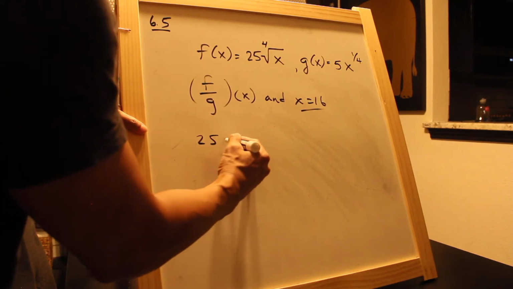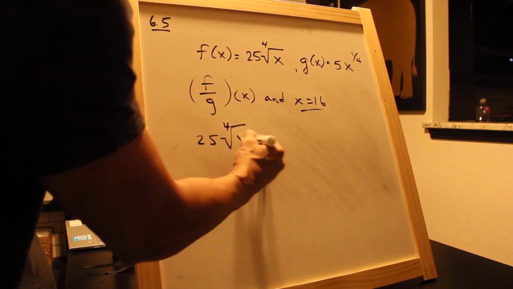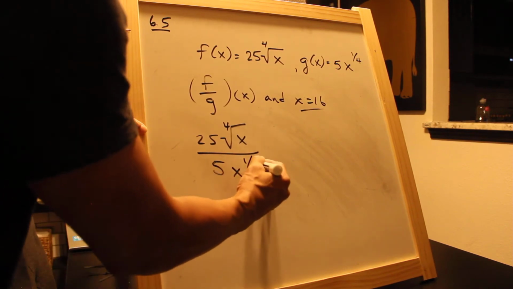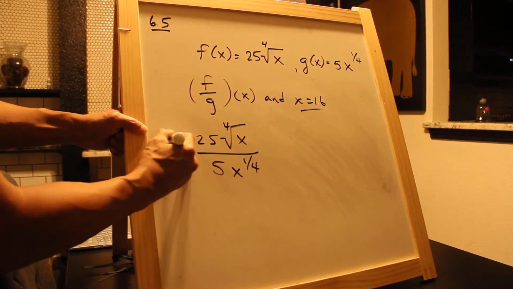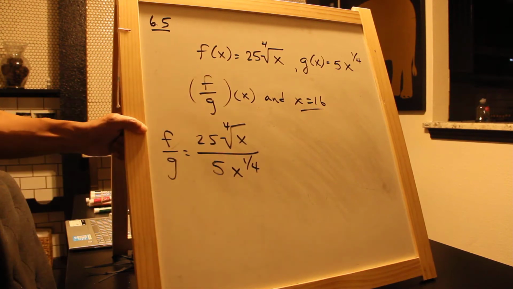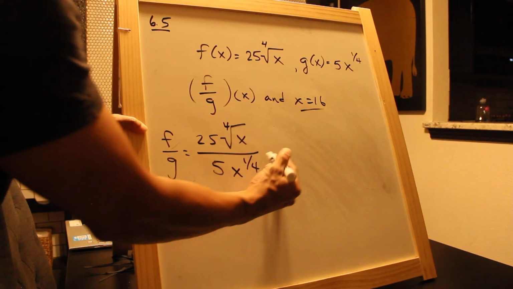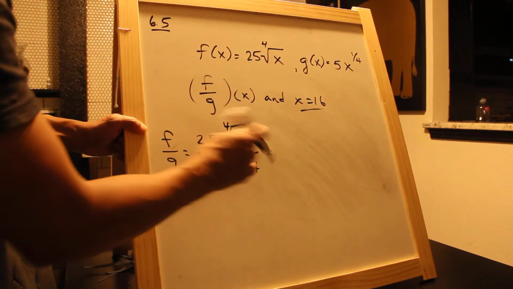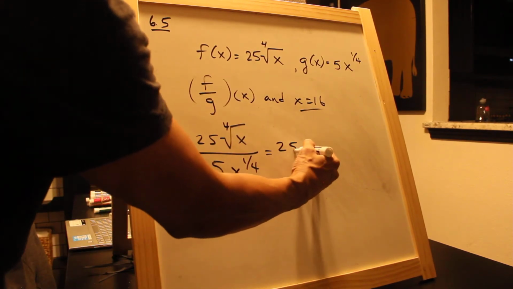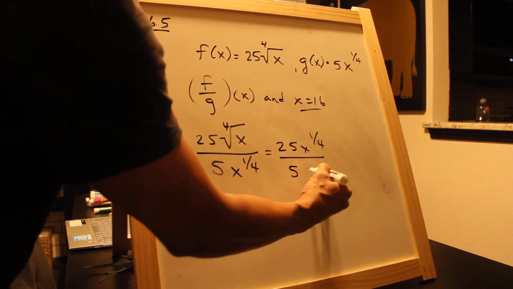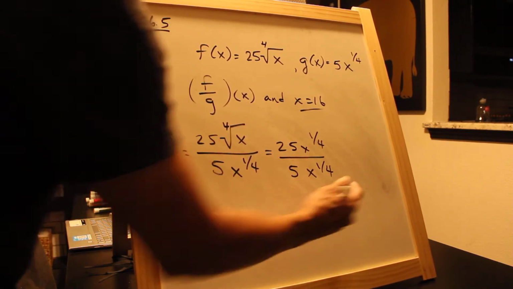So 25 times the fourth root of x, divided by 5x to the 1/4. This is f divided by g. Now again, remember I talked about how to change these formats. I can basically write this as 25x to the 1/4 divided by 5 times x to the 1/4.